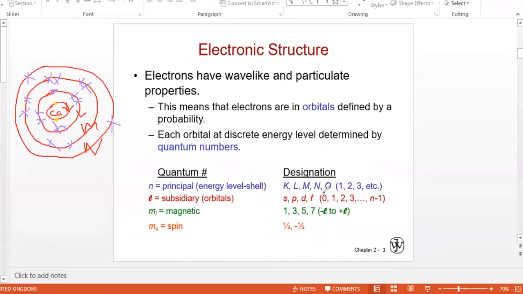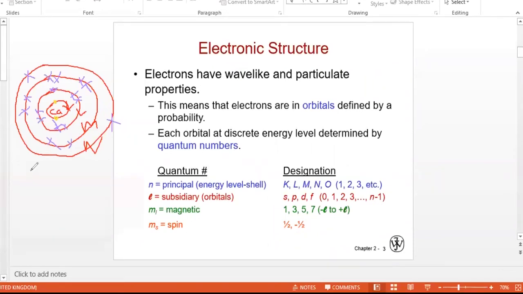This n, the principal energy level, is each orbit: the first is denoted by K, the second by L, the third by M, and the fourth by N. So this is our calcium, and this is our primary energy level.